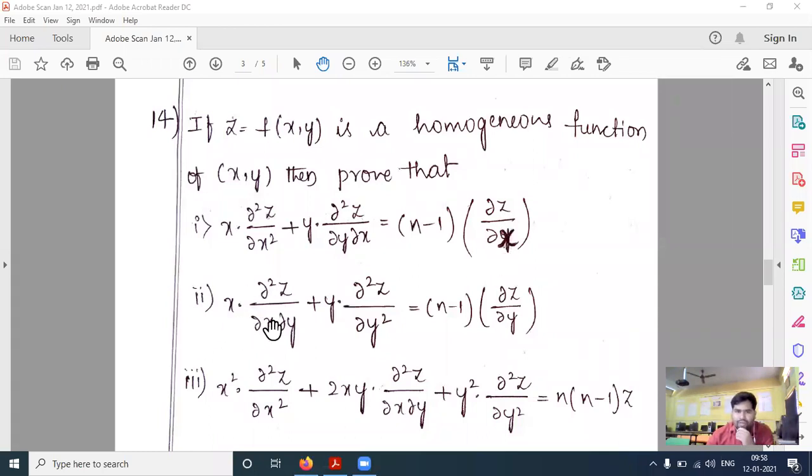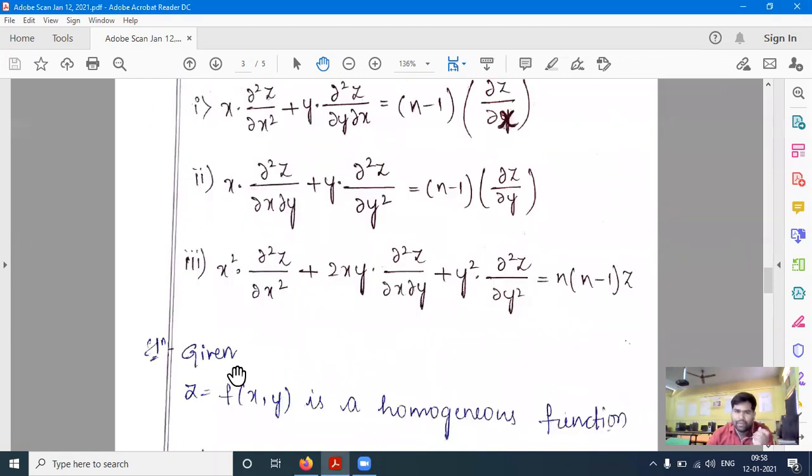Second, x into dou square z by dou x dou y plus y into dou square z by dou y square is equal to n minus 1 into dou z by dou y. Third, x square into dou square z by dou x square plus 2xy into dou square z by dou x dou y plus y square into dou square z by dou y square is equal to n into n minus 1 into z.